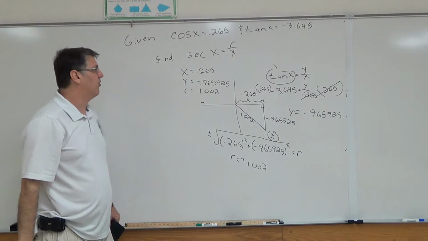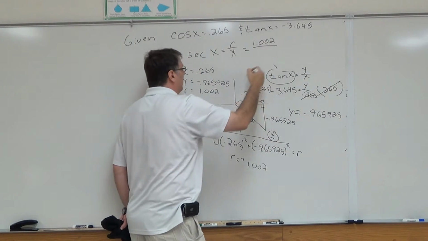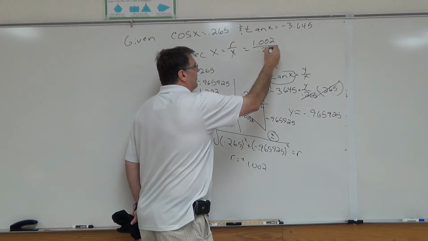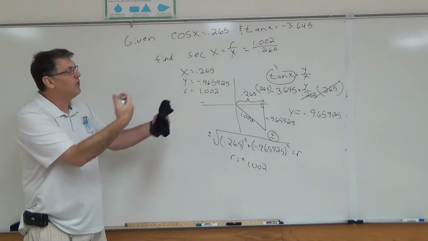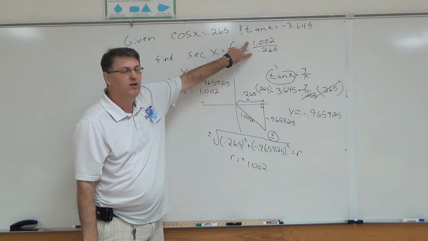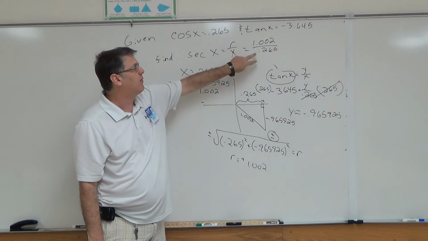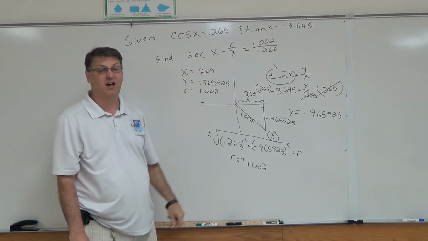Secant of x is r over x. That becomes 1.002 over 0.265. Don't ever leave your answer like that. It's okay if you write it so you know how to put it in the calculator, because that's how you're going to put it in the calculator: 1.002 divided by 0.265. But this is really a fraction on top of a fraction. It is not reduced.